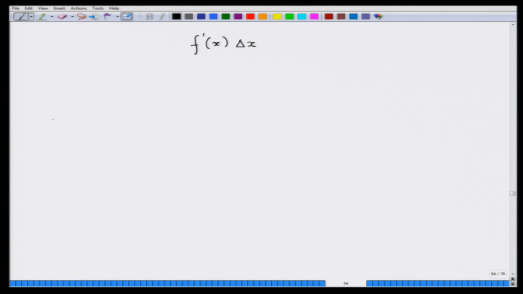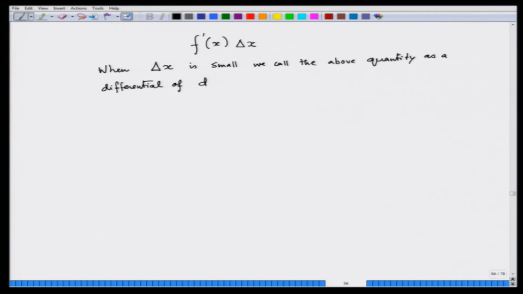This quantity, when delta x is very small, we call the above quantity the differential of y, differential of the function, df or dy, whichever one. So we write dy is equal to f dash x into delta x.